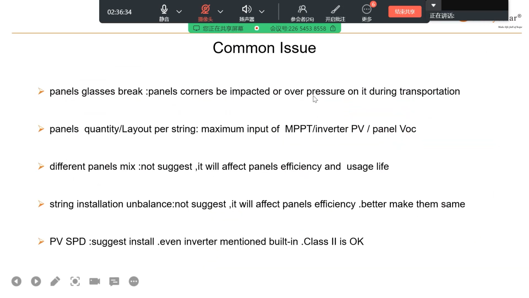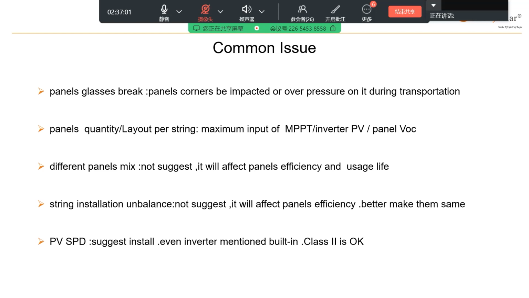And here I make a conclusion of the common issues. The first one: panel glass breaks, the panel corner being impacted or over-pressured during transportation. This year, this is the most common issue.